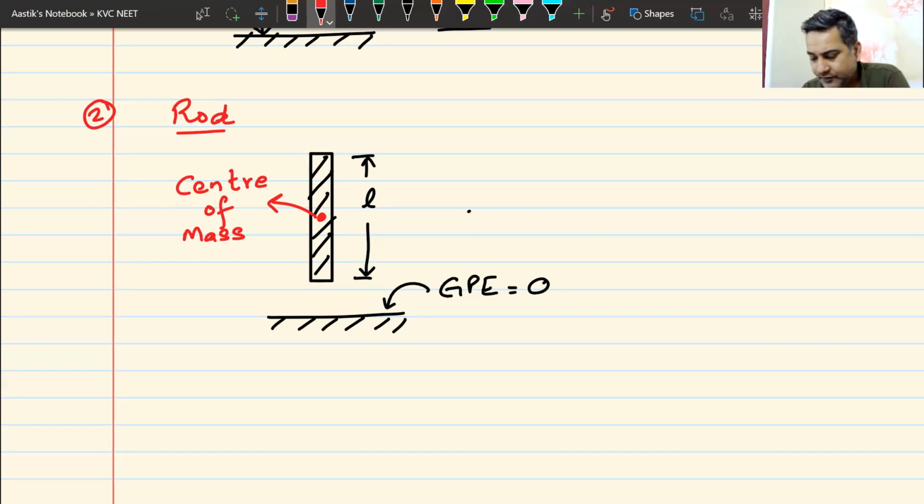Else, it is non-uniform. So, in case you are getting such questions where you have a body, how do you find out the gravitational potential energy of that body? You have to find the height of that center of mass from the ground. In this case, the center of mass is the center.